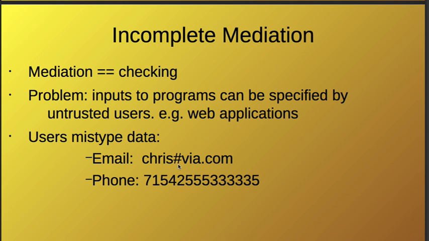Like, you might be expecting an email address, which is usually some string followed by an @ sign and then a fully qualified domain name or an IP address, usually a fully qualified symbolic name. And so if the user enters a hash sign or pound symbol instead of the @ sign, then chances are the web app will store that, but later down the line it might cause problems when it tries to send an email, let's say, to that address.